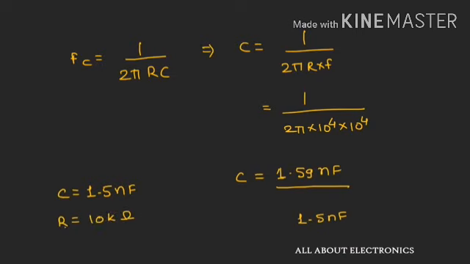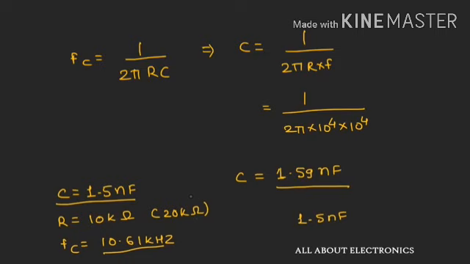So now if we put these two values of R and C into this cutoff frequency equation, then we will find the cutoff frequency fC as 10.61 kilohertz, which is slightly greater than our required cutoff frequency. So what we can do, we will keep the value of this capacitance C as it is, and instead of this 10 kilo ohm resistance, we will use a 20 kilo ohm pot.